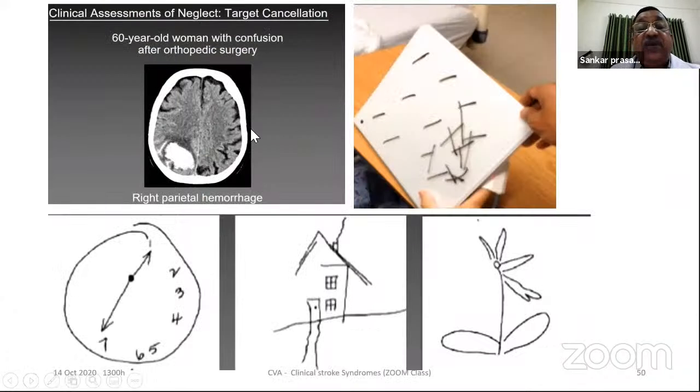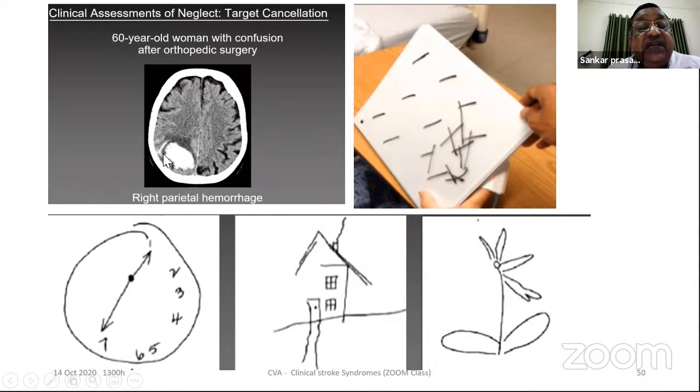And how neglect is tested is by asking them to draw a clock. If the left side is totally missed in the diagram, that means one area is neglected in right hemisphere strokes.